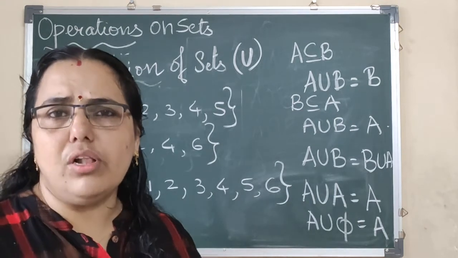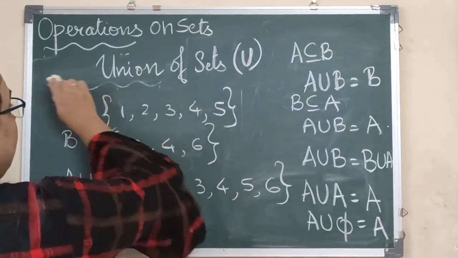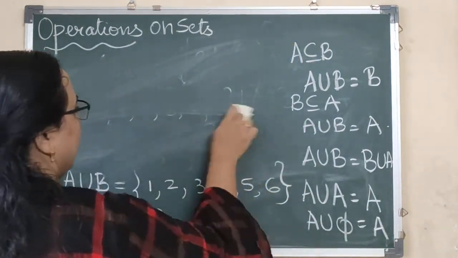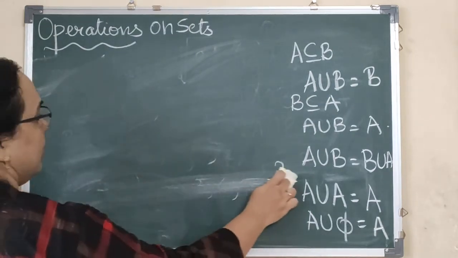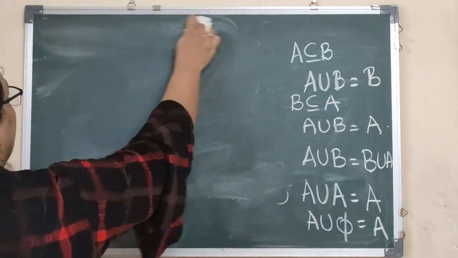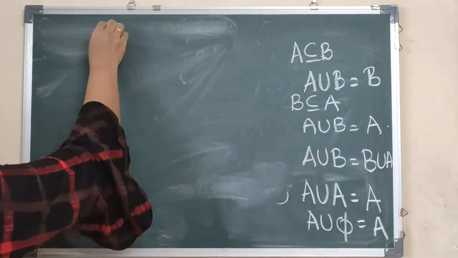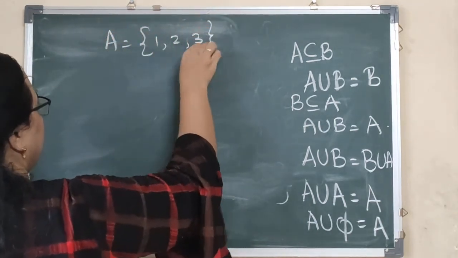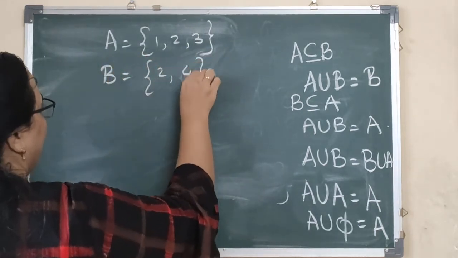There is one more small theory part which is left in the chapter to be seen, that is the formula. There is something called number of elements. After studying all these things, now this will be a very simple thing for you. If I have A as 1, 2, 3 and B as 2, 4.